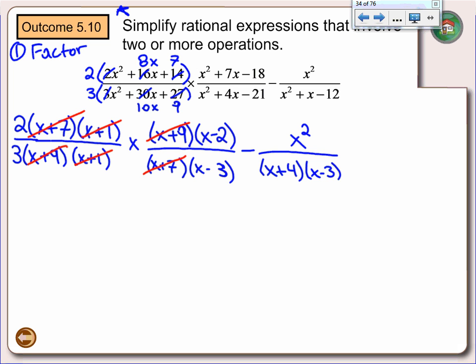Once you've done all your canceling when you're multiplying fractions, remember that you can just combine the tops and combine the bottoms. So it now becomes 2x minus 2, because those were the two things that were left over on the top. The two things that were left over on the bottom were 3 and then x minus 3.